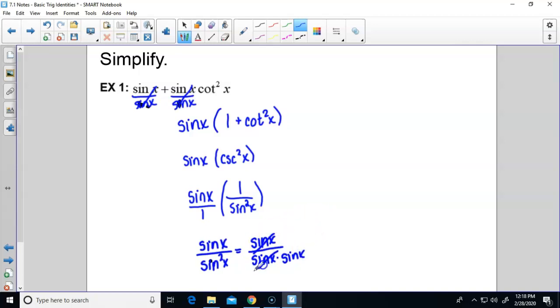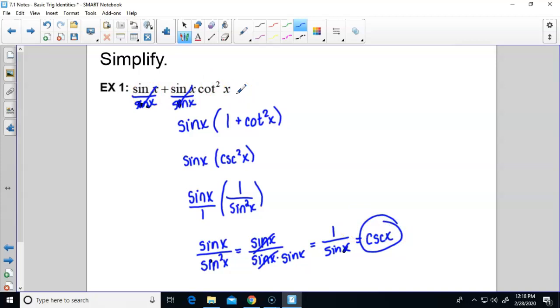And so the sines both will cancel there, and you will end up with 1 over sine x. Now, reciprocal identities tell us that 1 over sine x is cosecant x. So we have simplified this expression down to where we could just write cosecant x.